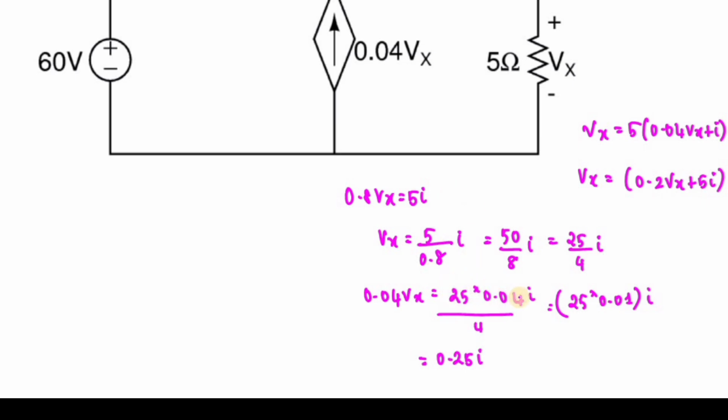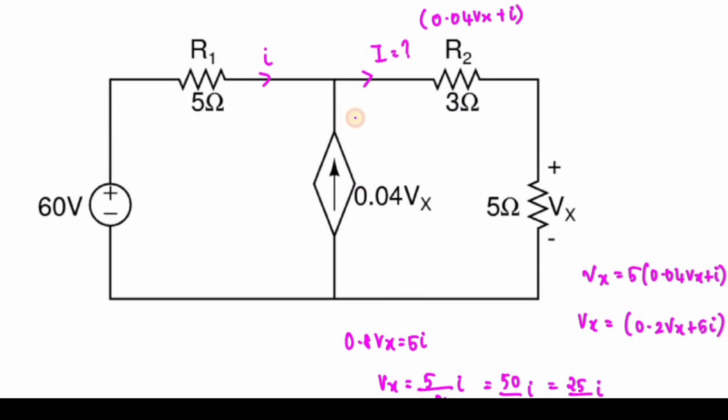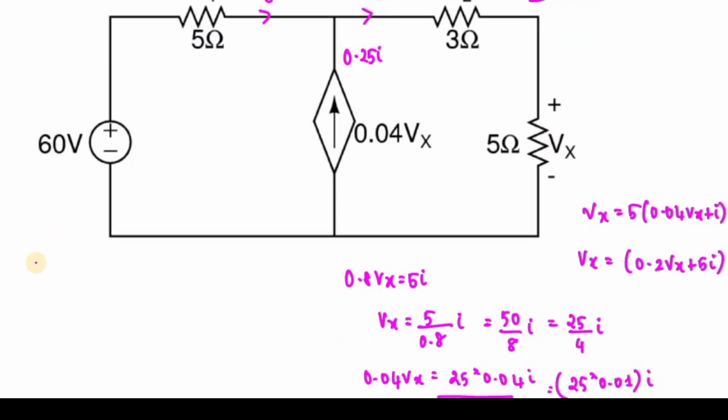So in order to obtain 0.04 Vx, if I multiply 25 by 0.04 and divide by 4, I will get 0.25 I. So the current is I plus 0.25 I, which is 1.25 I. So 60 is equal to 5I plus 1.25I.